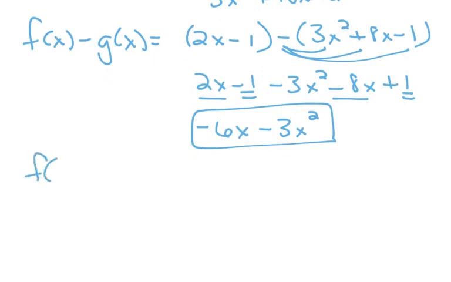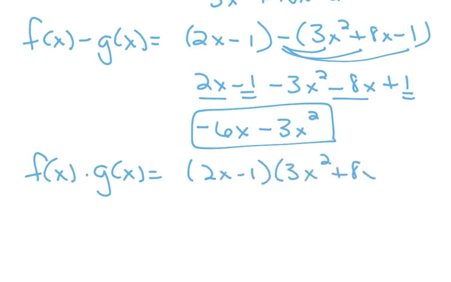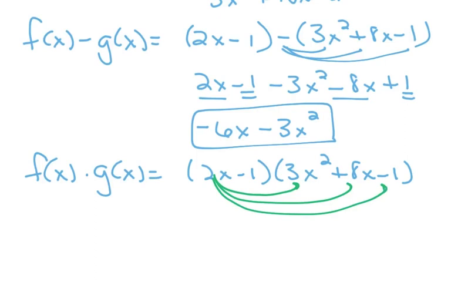Multiplication is going to take a little bit more work. 2x minus 1 times 3x squared plus 8x minus 1. So one of the methods you may have learned to multiply polynomials together was by distributing the first term to everything in the second polynomial. So you would get 6x cubed plus 16x squared minus 2x.